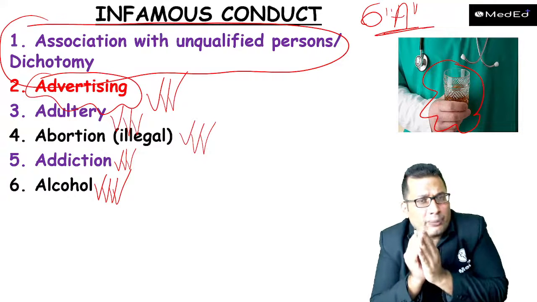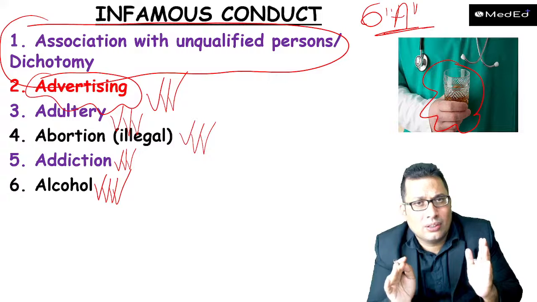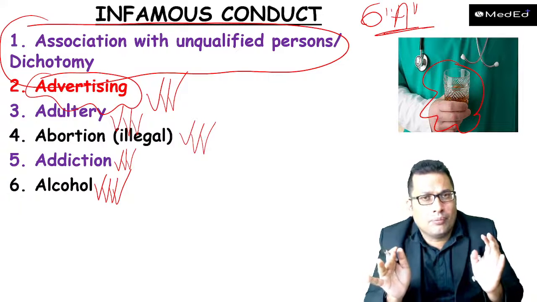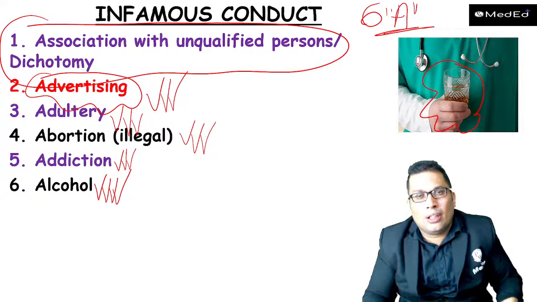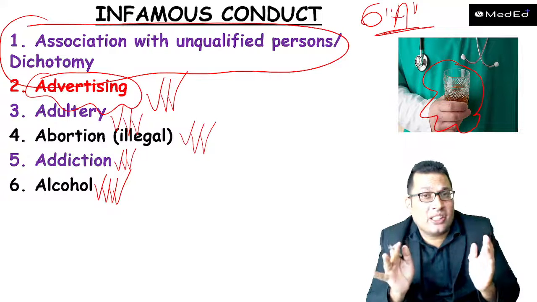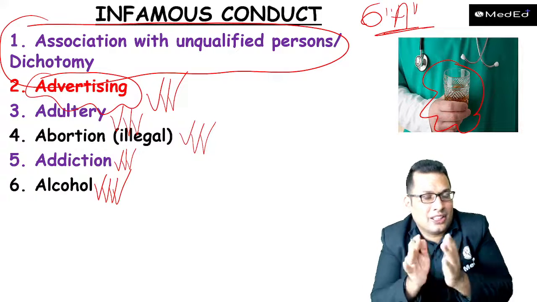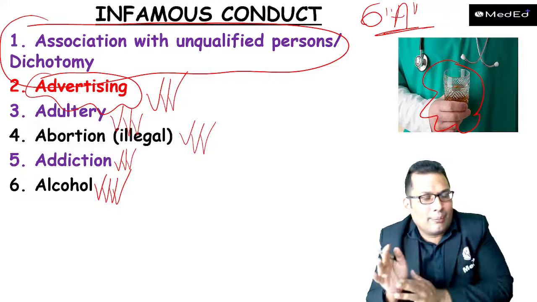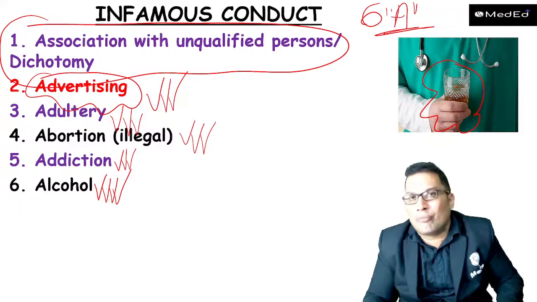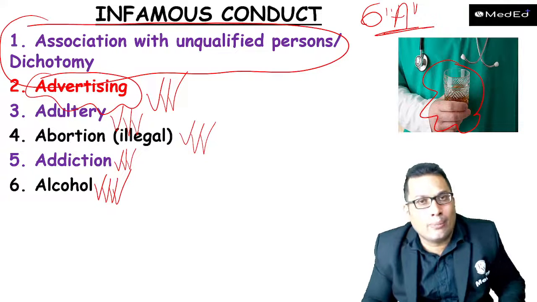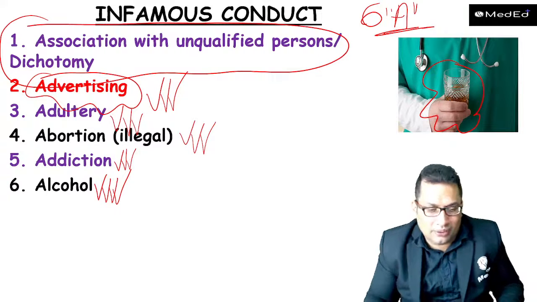The punishment for infamous conduct is a warning from the State Medical Council, and if proved there can be professional death sentence according to the rules of medical ethics given by the National Medical Commission.